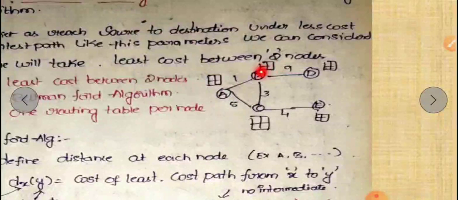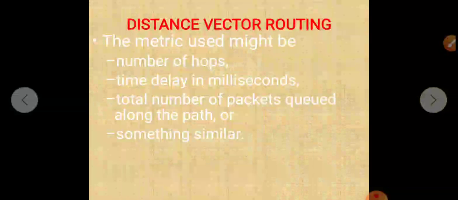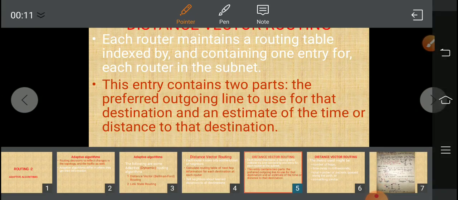It means every router connects to its adjacent nodes, and how much distance they have, they can identify with the help of distance vector routing. Okay, we'll see very clearly what is what.